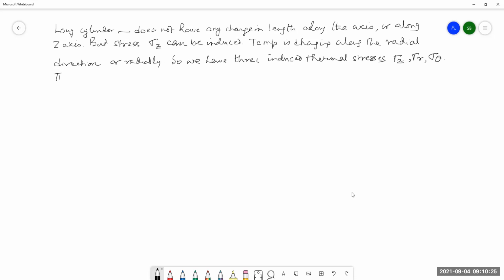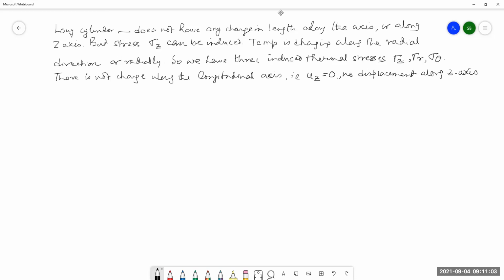There is no change in length along the longitudinal axis, that is, Uz is equal to 0. There is no displacement along the z axis.